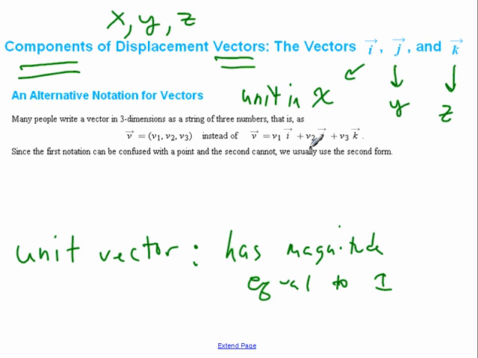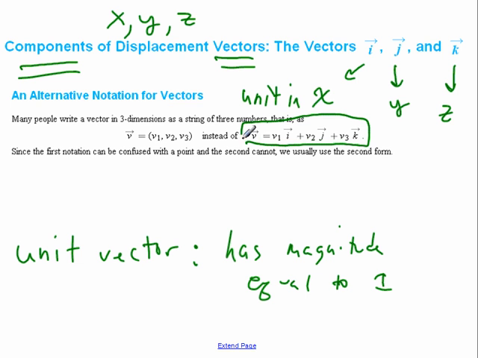When we break things up into their components in the x, y, and z, we will write their displacement in the x, y, and z directions as follows. Let's think about a velocity vector.